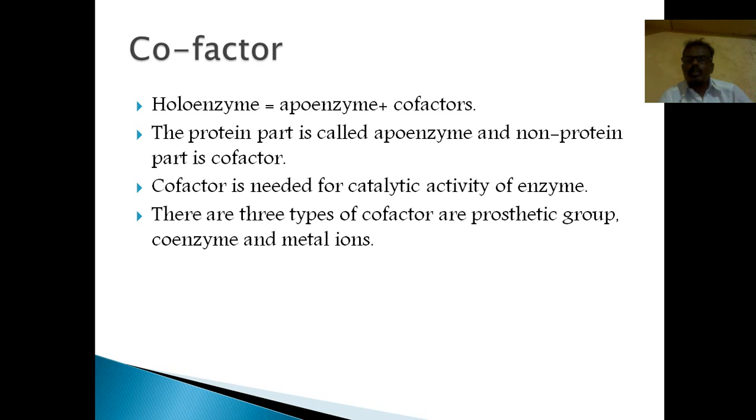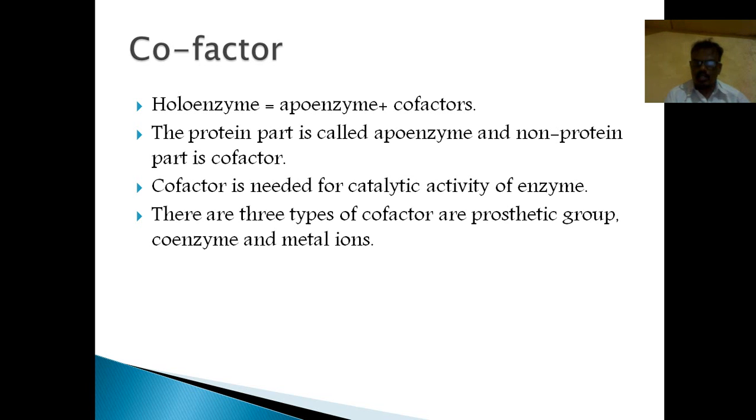Apoenzyme means the protein part, whereas cofactor means the non-protein part. In the examination they may ask you to name the protein part or the non-protein part of enzymes. The protein part of the enzymes is the apoenzyme, and the non-protein part is the cofactor.